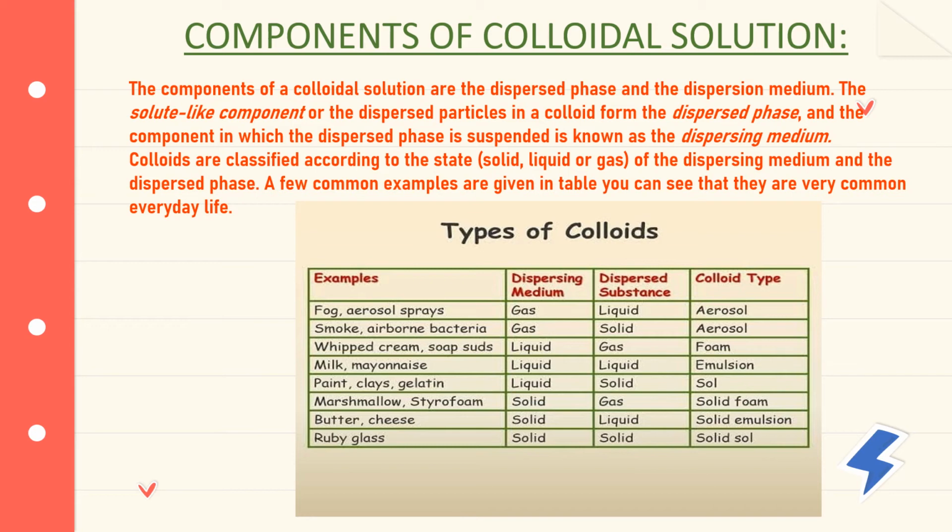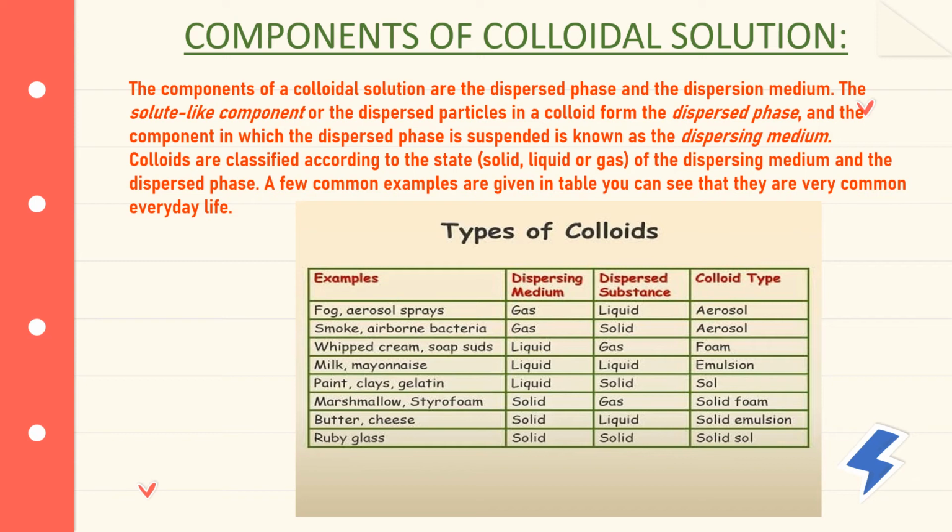Colloids are classified according to the state, that is solid, liquid or gas, of the dispersing medium and the dispersed phase. A few common examples are given in the table, taken from your everyday life, along with the dispersing medium and dispersed phase.